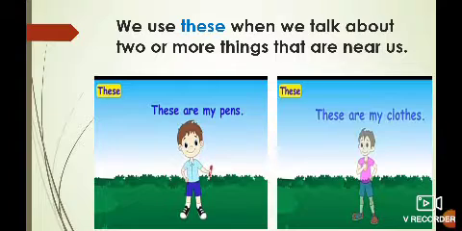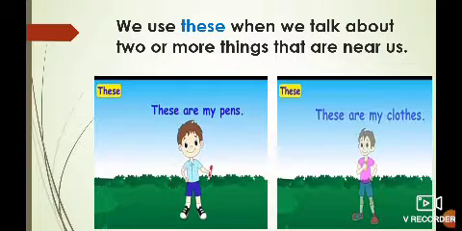Okay? Now see, for example, these are my pens. So many pens are there in the hand of the boy and he is saying, these are my pens. In the next picture, these are my clothes. The boy is saying that these are my clothes.